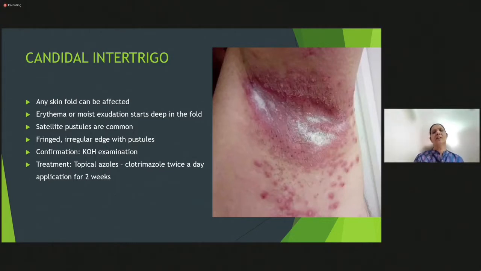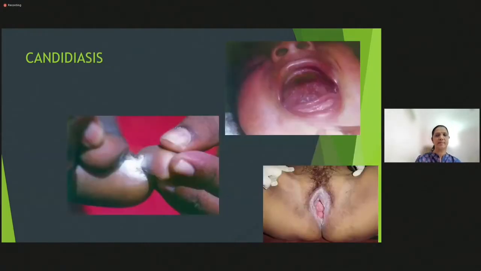Treatment is usually creams, clotrimazole cream twice a day for 2 weeks is sufficient. Although a start dose of fluconazole 150 mg can also be added. And some people, because they sweat a lot, like to use dusting powders. So clotrimazole dusting powders and ketoconazole dusting powders are also available. Miconazole is also available as a dusting powder.